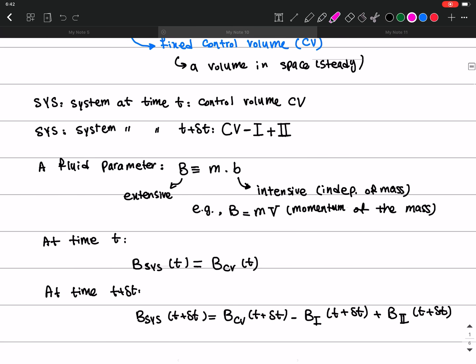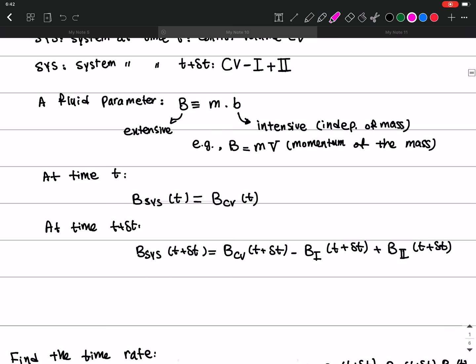And then we defined the fluid parameter B as an extensive parameter, which is mass times an intensive parameter. For example, small b could be velocity, or it could even be 1, which then B is going to be the mass. And then we can get the continuity equation.